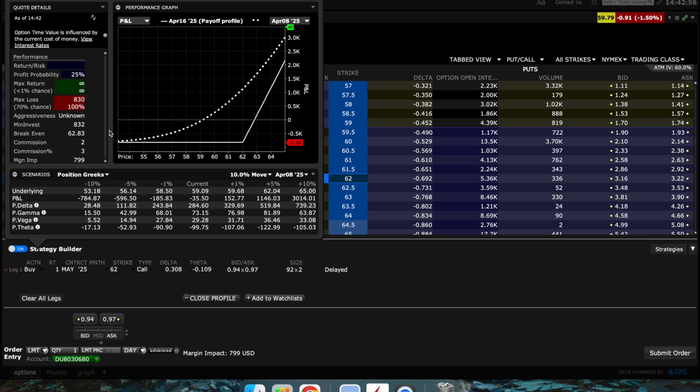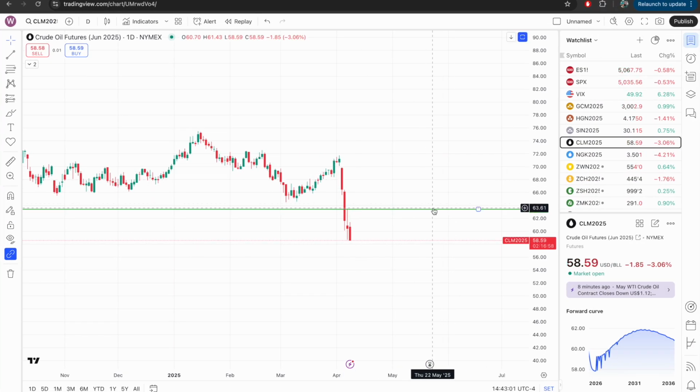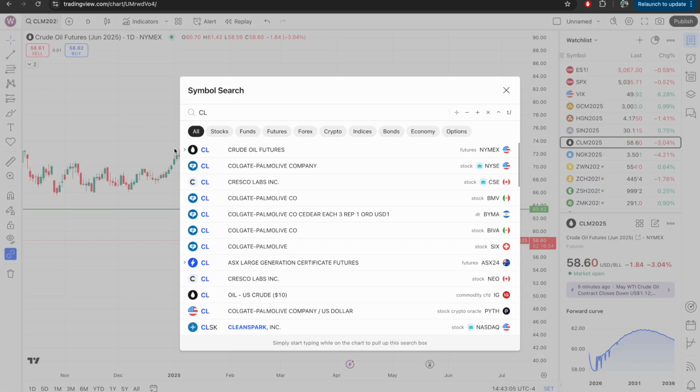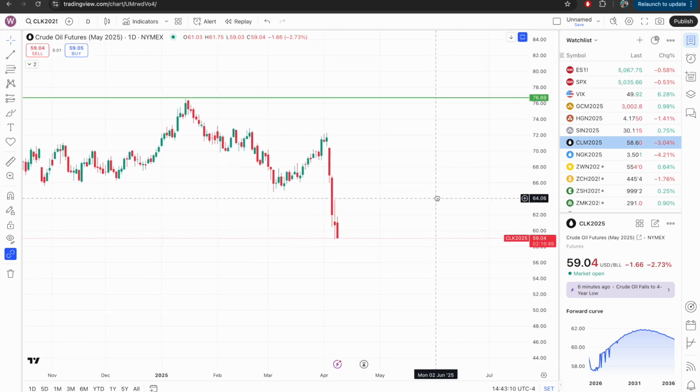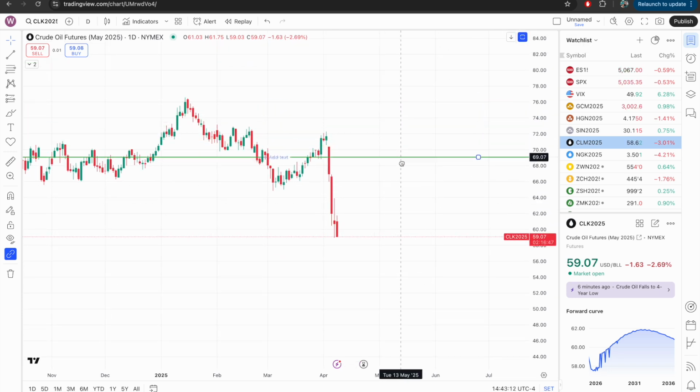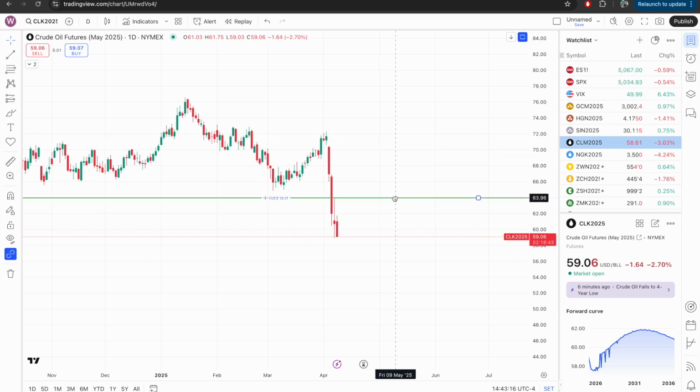So call option means we need the price to go up. Crude oil, we need the May expiration. Perfect, May expiration. So we need 62.